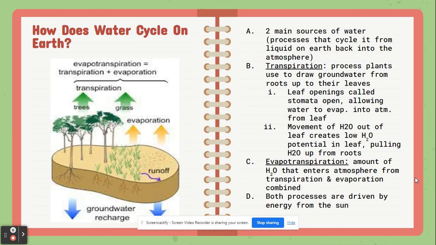That movement of water leaving out of the stomata is what brings all of that water up through the roots. We can also see a lot of water leave from surface waters like oceans, lakes, ponds, and streams. Both of these processes are driven by the energy from the sun. So water can be released through evaporation on surfaces, as well as specifically transpiration from the surface of leaves.